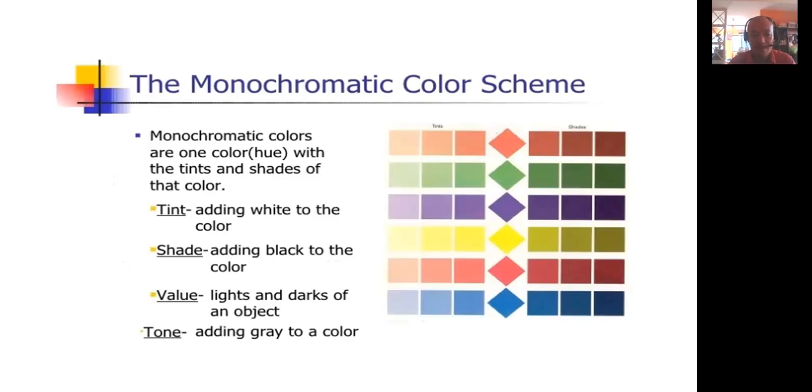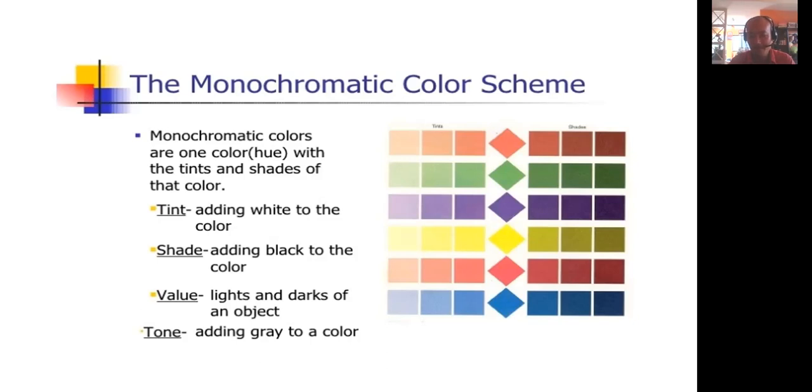So we say tint, as I have said, adding white to color. Shade is adding black to the color, and value is the lights and darks of an object, and tone is adding gray to a color.